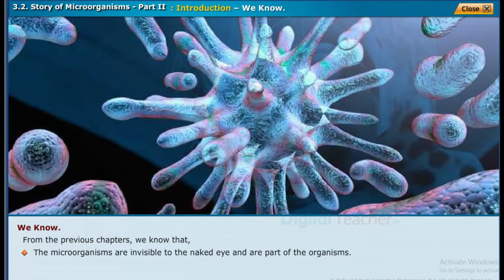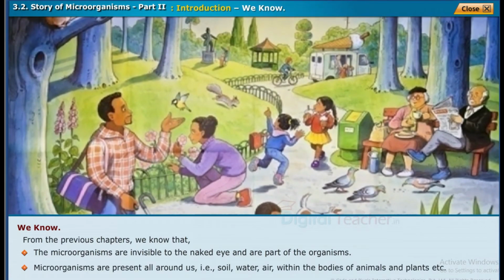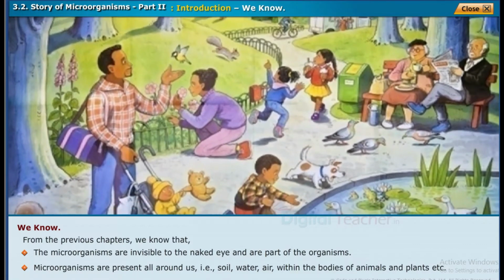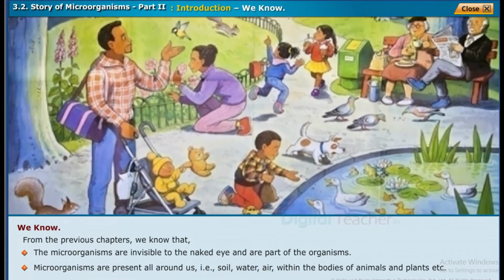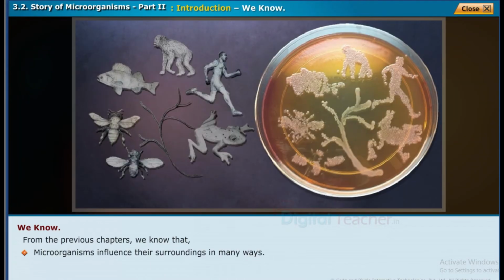The microorganisms are invisible to the naked eye and are part of the organisms. Microorganisms are present all around us, that is soil, water, air, within the bodies of animals and plants, etc. Microorganisms influence their surroundings in many ways.